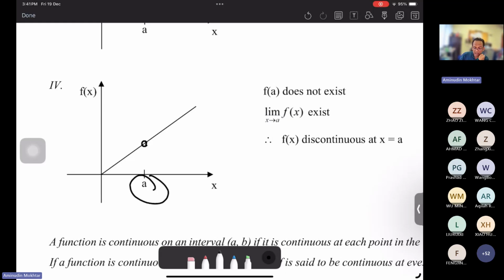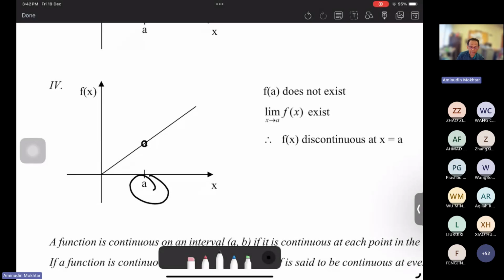At point a, as you can see here, the value of y does not exist. The function is undefined at point x equal a, because there is no black dot here. We only have one white hole here. So we can conclude here that the function is undefined at this point.